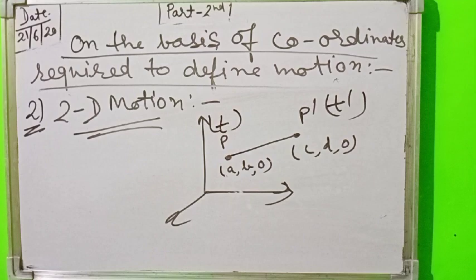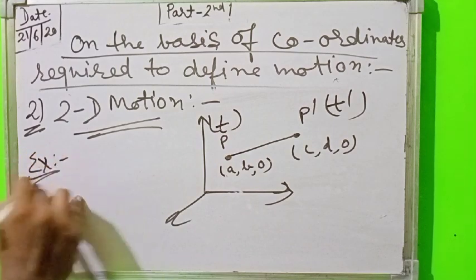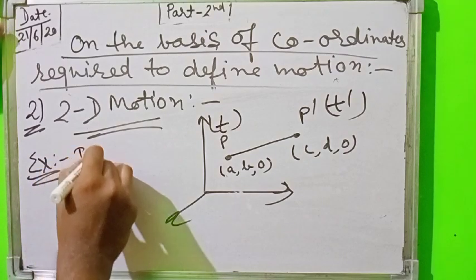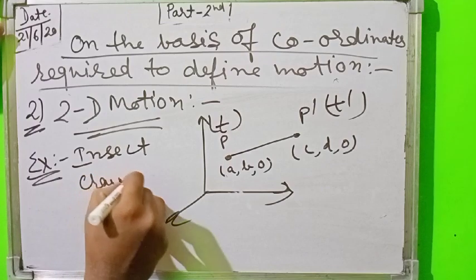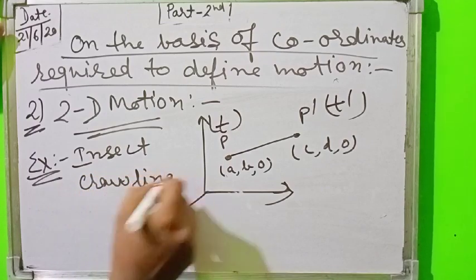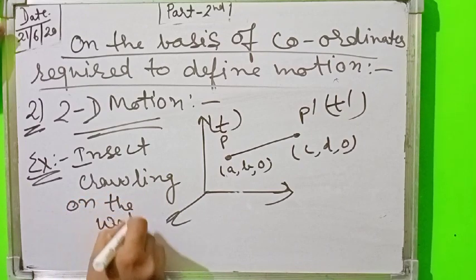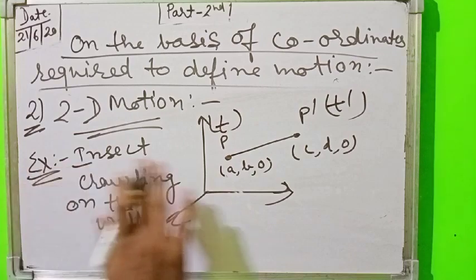Such motion is two-dimensional motion. Its example is an insect crawling on a wall. Suppose there is a wall and an insect is crawling. To specify the position with respect to time, two coordinates are required here.